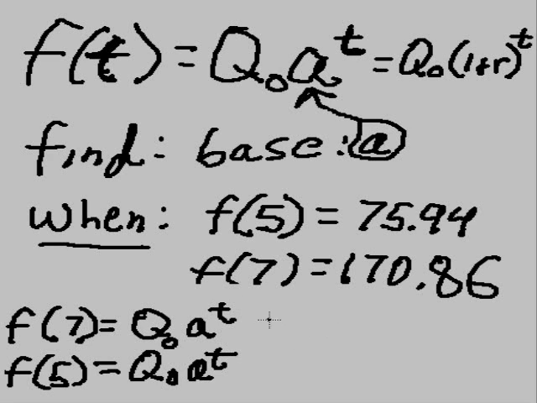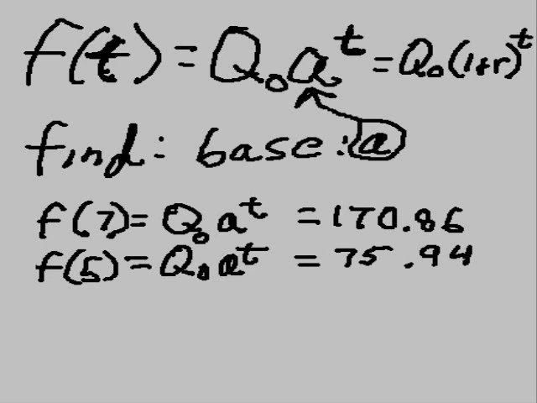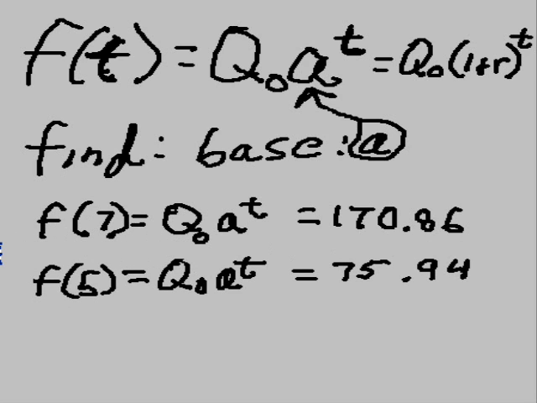And f of 7 is equal to 170.86, and this guy is equal to 75.94. Now, what if I did something really funny? What if I said f of 7 is to f of 5 as q sub 0 a to the t power is to q sub 0 a to the t power?